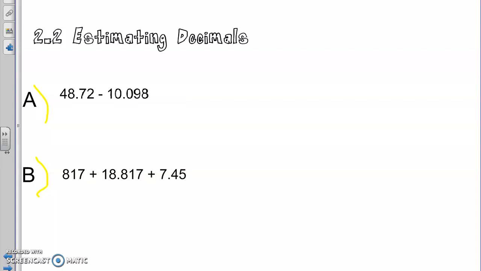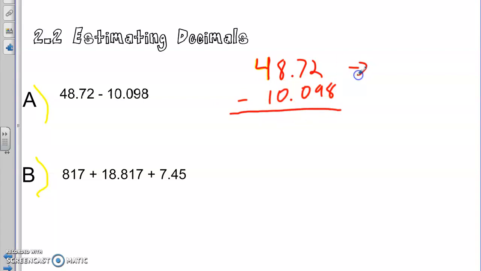So I'll solve these right now. Now I'm solving using the same steps. There's nothing different over here.